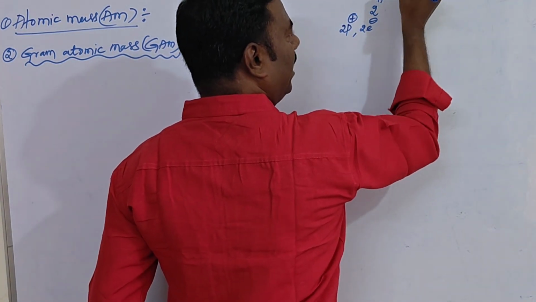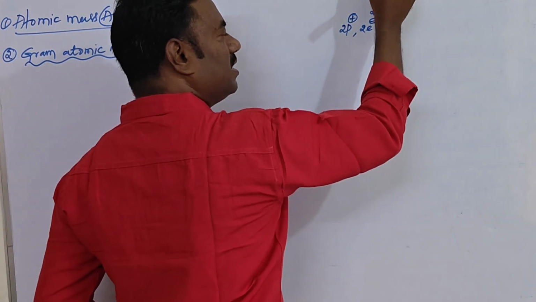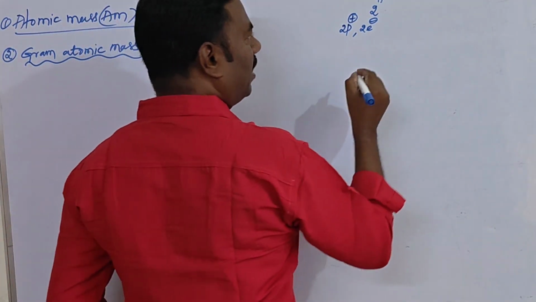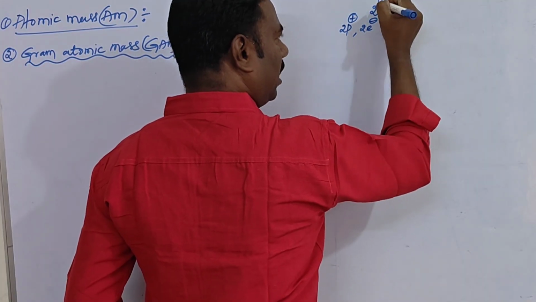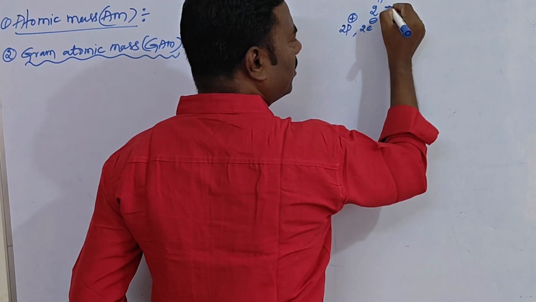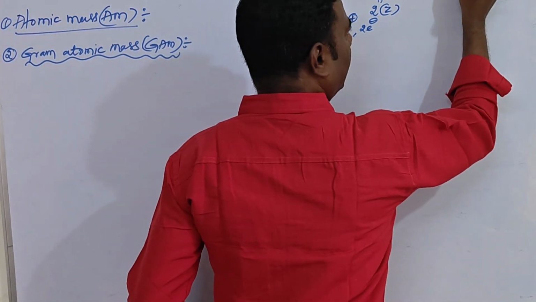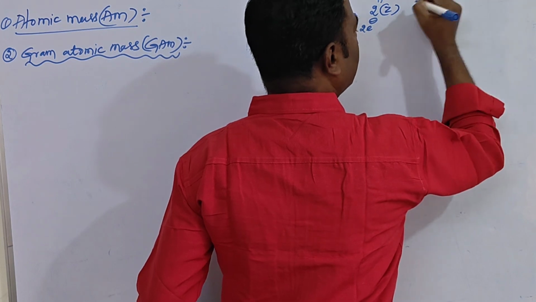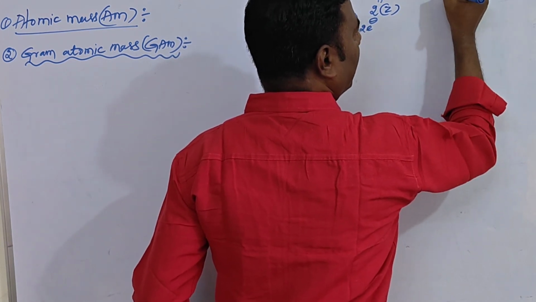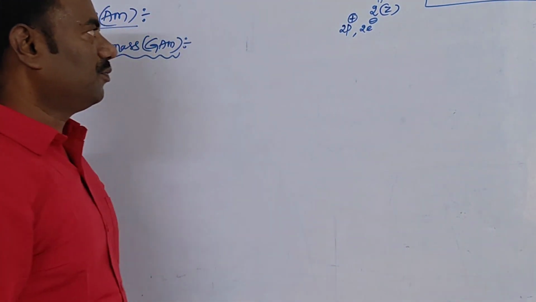Its atomic mass is 4, that is indicated with A. Atomic number of helium is 2, indicated with Z. Now A is 4, Z is 2, so N is equals to 2. Here number of neutrons are 2.